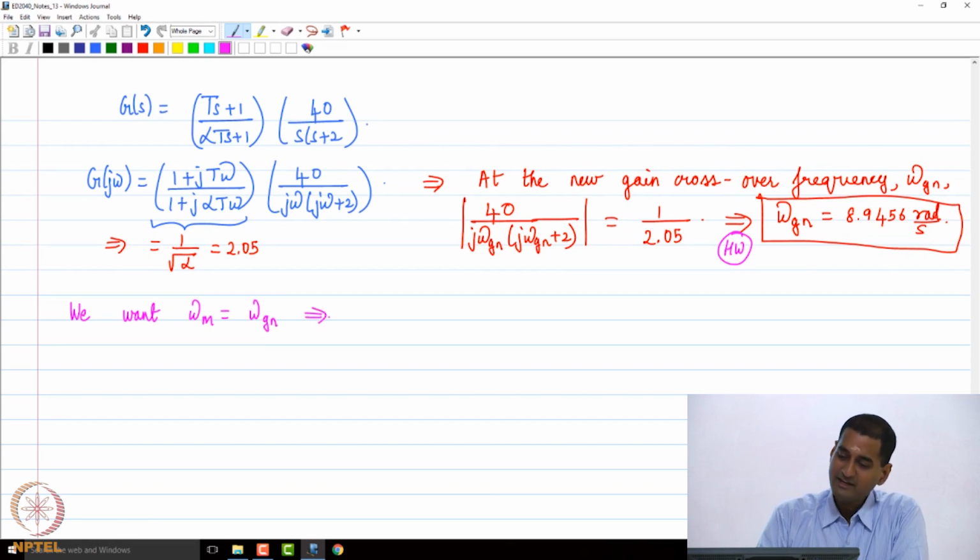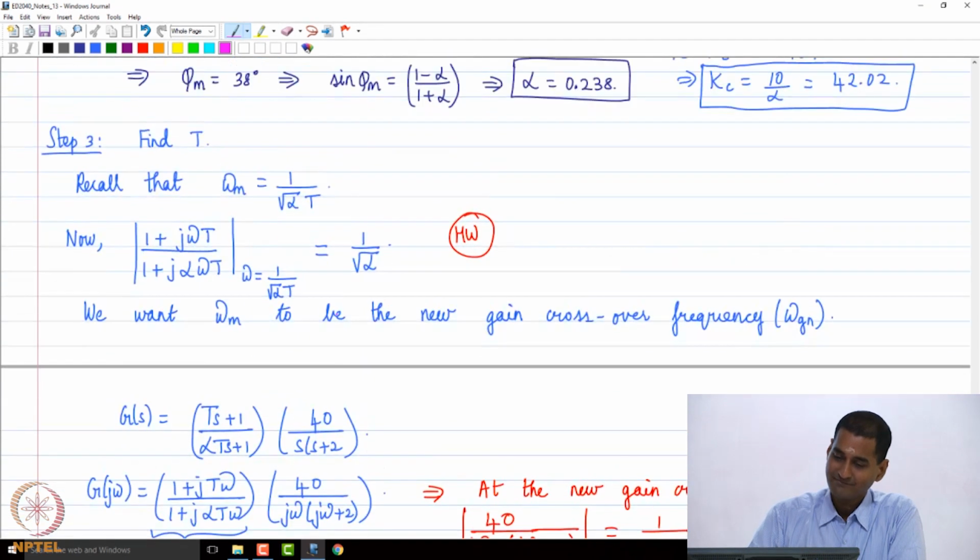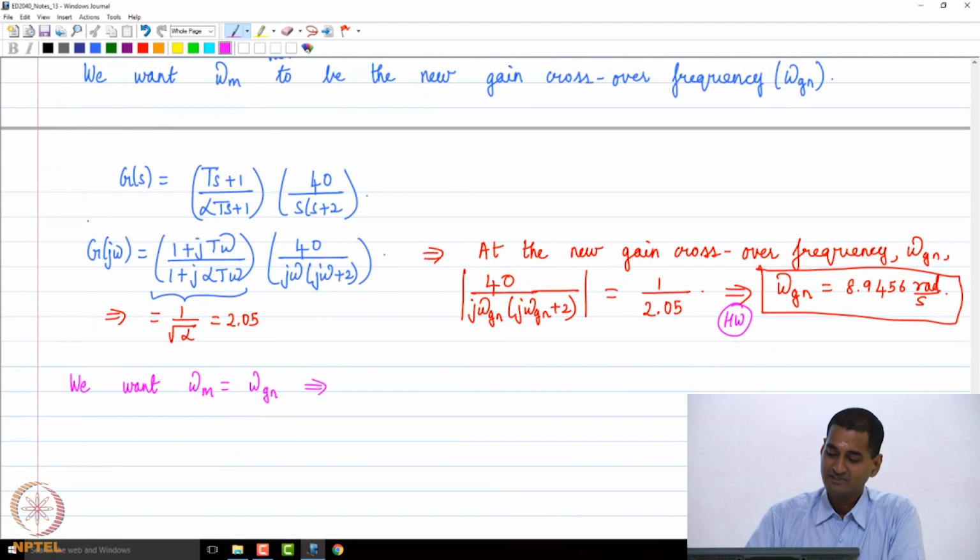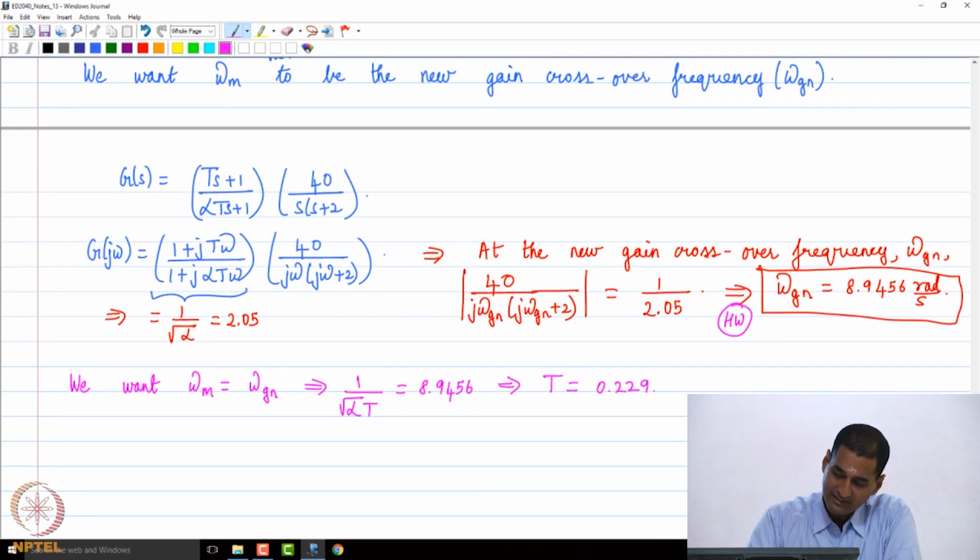And what is omega m? 1 divided by square root of alpha t. So this implies that 1 divided by square root of alpha t should be equal to 8.9456. So from here you can get t. You will get t to be 0.229.